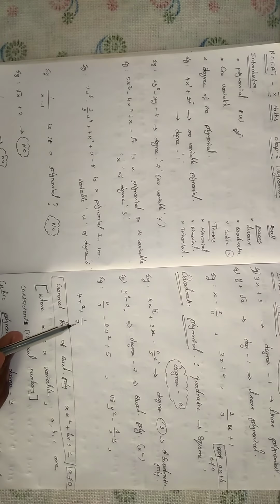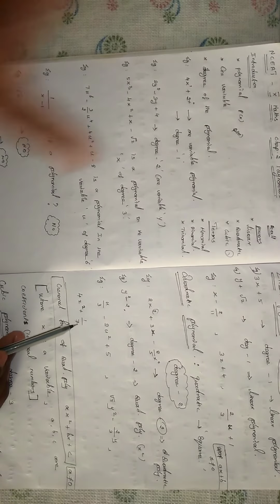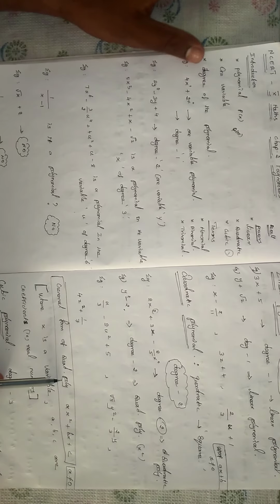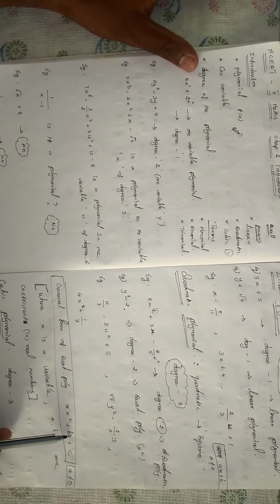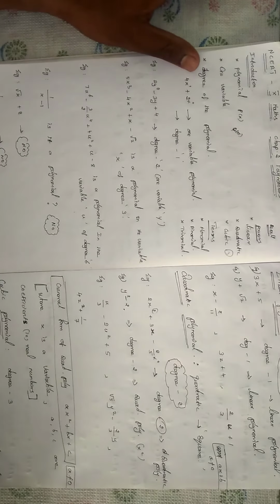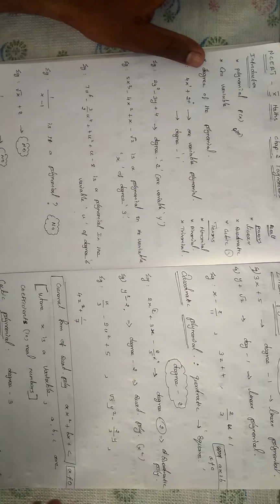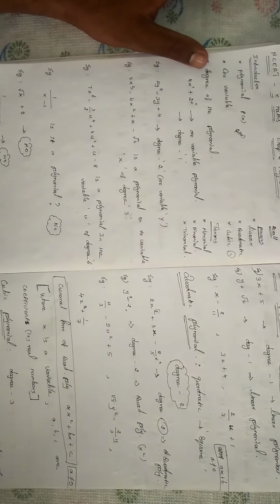Now we can go with the general form. We can write that the variable's power should be 2. So the general form of a quadratic polynomial is ax squared plus bx plus c. Are you all clear? In this ax squared plus bx plus c, b may be 0 or c may be 0. We need not consider b and c.